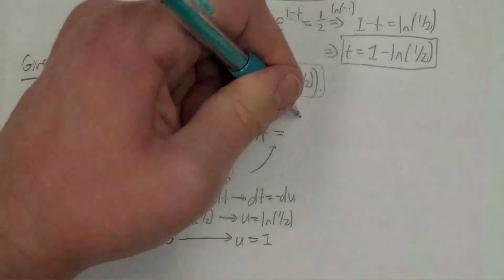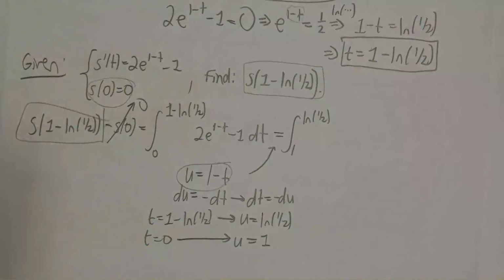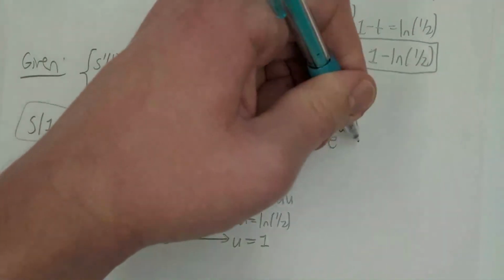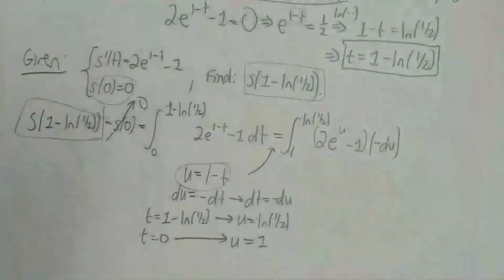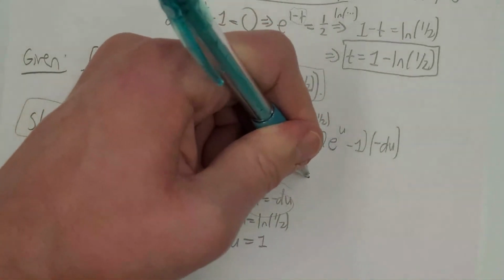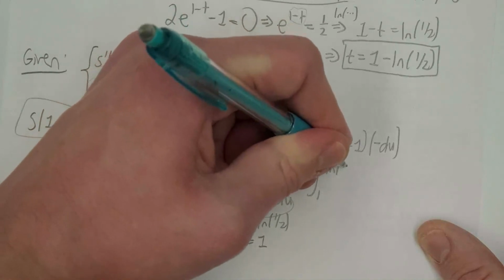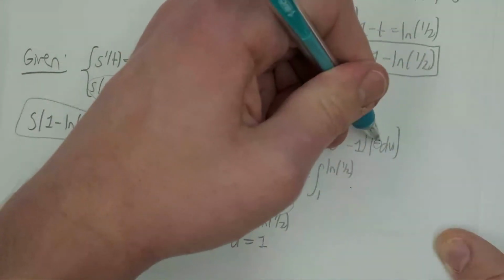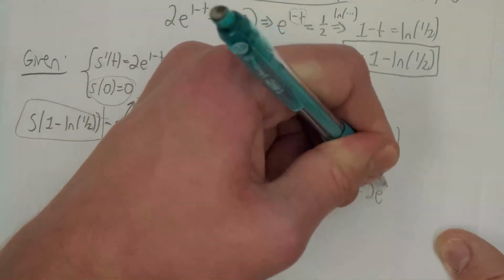So then we have the integral from 1 to natural log of 1 half of 2 times e to the u minus 1, and then minus du, because of this guy right here. So this ultimately simplifies to the integral from 1 to natural log of 1 half of, if you distribute the negative to both terms in here, 1 minus 2 times e to the u du.